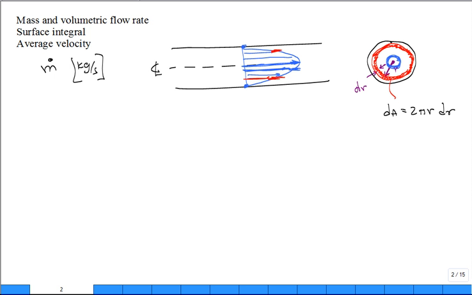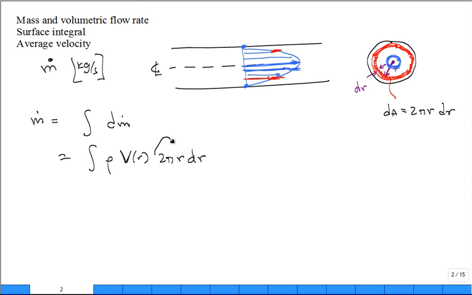So if I wanted to calculate the mass flow rate, I could say, look, I need to do a sum of the little chunks of mass that are flowing through different cross-sectional parts of this pipe. Well, that's going to be the sum of my mass density times the speed at that radius times that area of that ring, 2 pi r dr, or that dA.